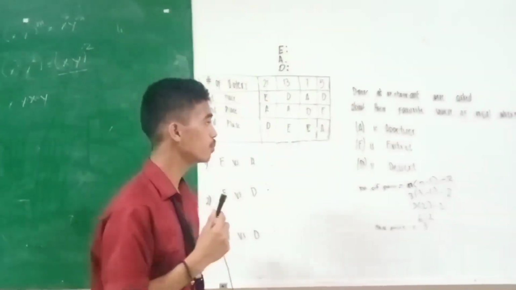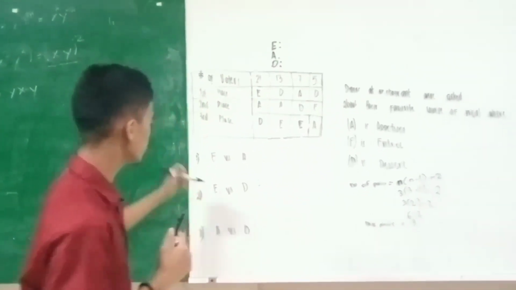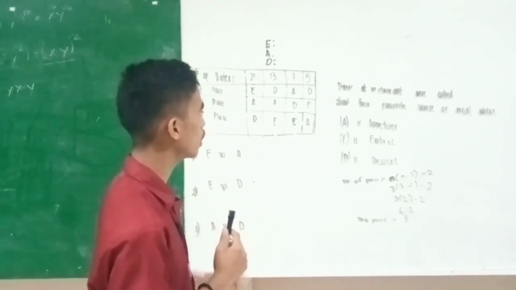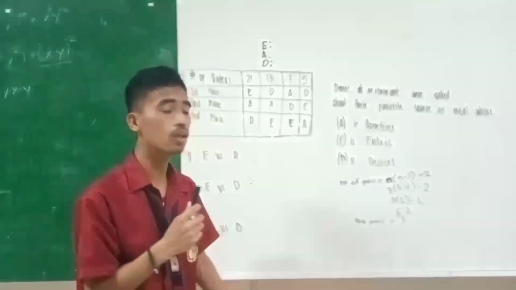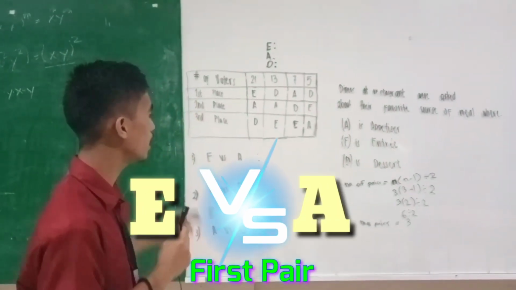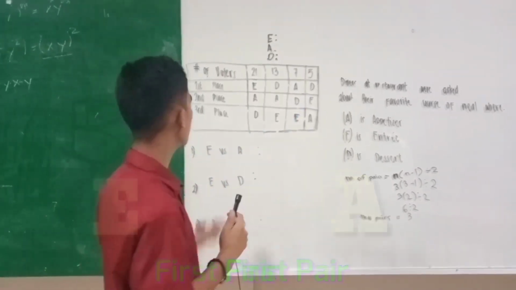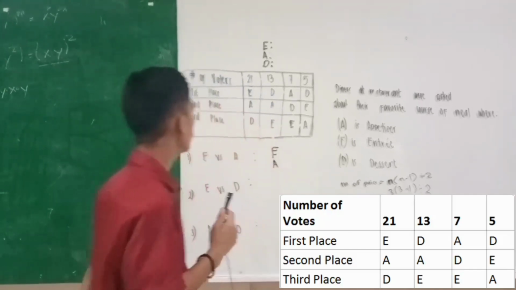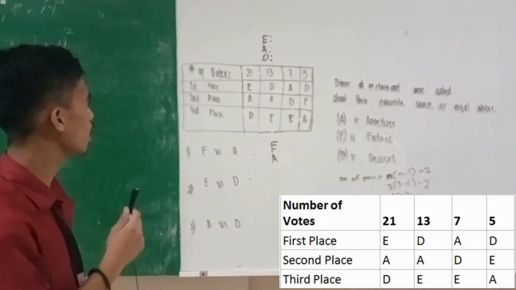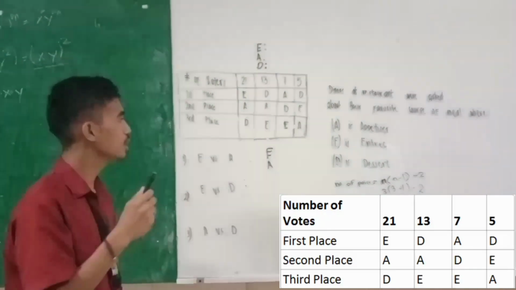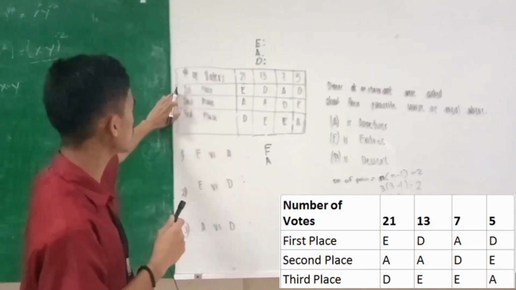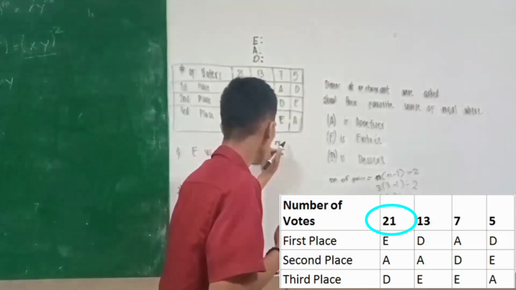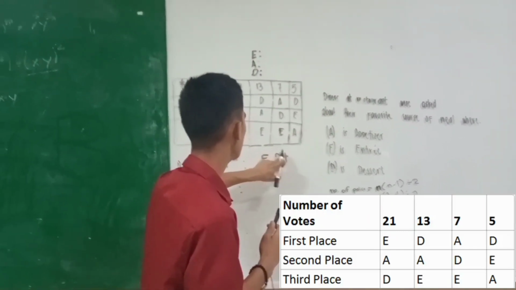Based on the explanation, there are three pairs. The first pair is to find the favorite course of meal between the appetizer and entree. As we see in the table, in the first column the entree gets first place with 21 points, the appetizer gets second place, and the third place is dessert.